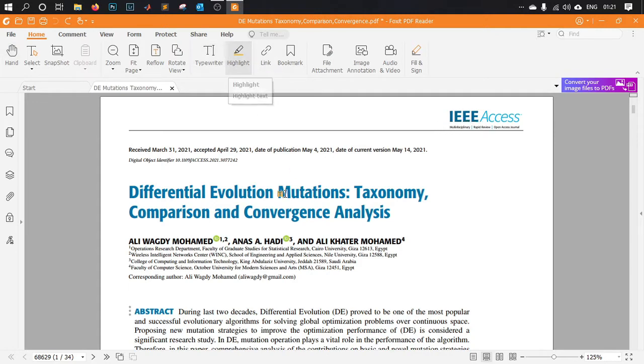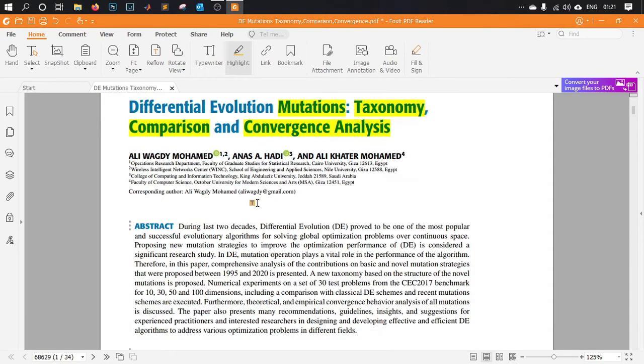This paper talks about mutations, and it performs a various taxonomy and comparison, and then it talks about convergence analysis. This paper is published by Ali Wagdi. He's a famous researcher from Cairo University.